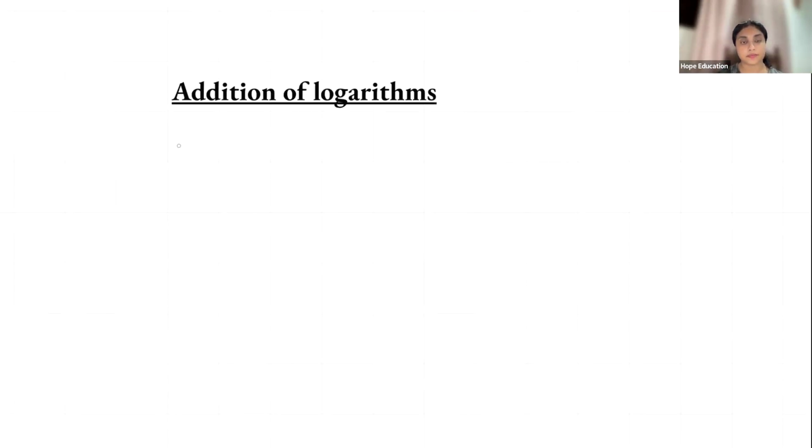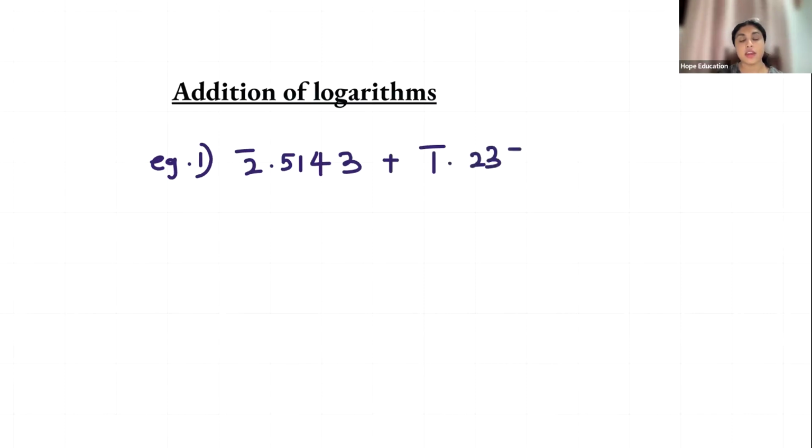Example 1. Bar 2.5143 plus bar 1.2375. Whenever you have bar values, remember children, whatever operation you do, whether it's an addition or a subtraction, we do it for characteristics separately and for mantissa separately.